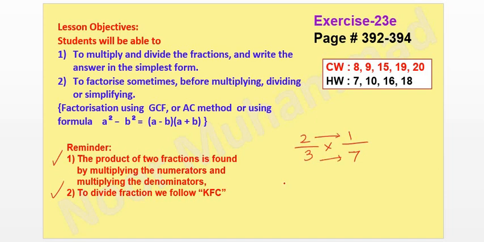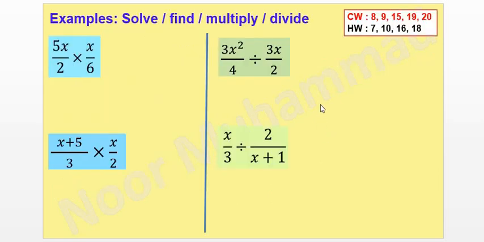To divide fractions, we use the word KFC to help us. That means keep the first fraction, flip the second one, and change the division sign into multiplication. So keeping these rules in our mind, let's solve some examples.